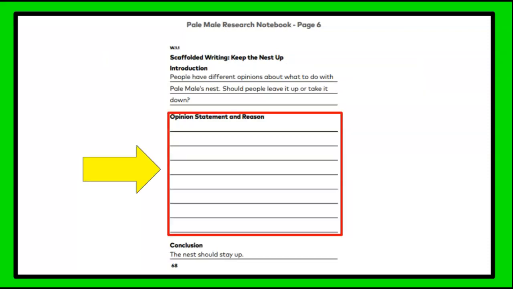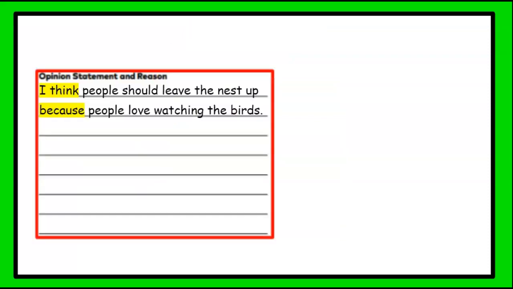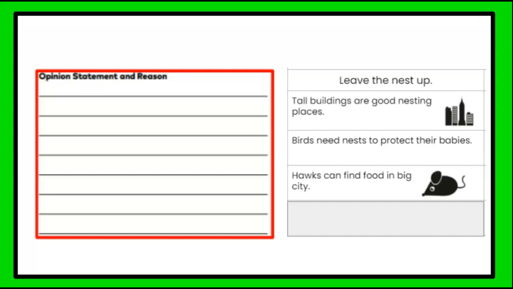Here is where you're going to write your opinion statement and reason. So, let's look at our Pale Male class notes, and that might help us a little bit. So we know that an opinion statement tells us what we think or how we feel about something. So we should start that with, I think, and then we're going to tell them about what we're writing about.